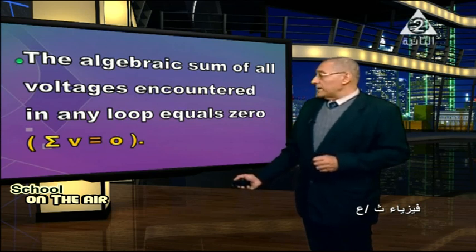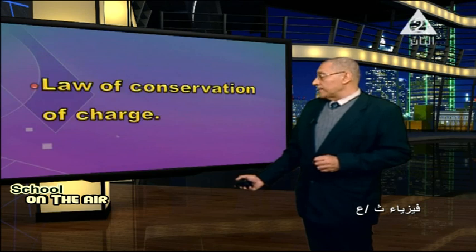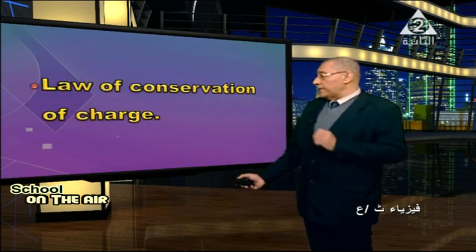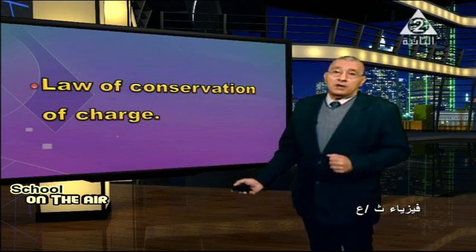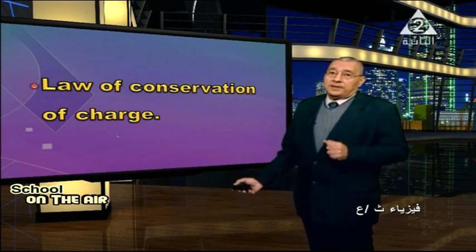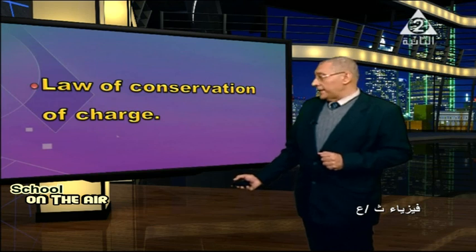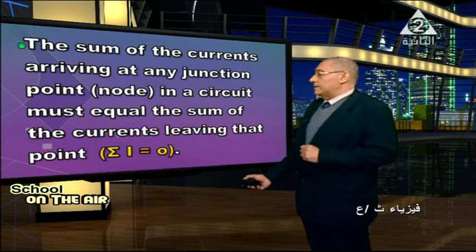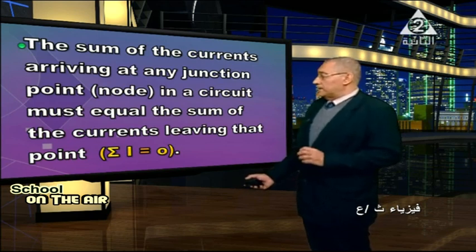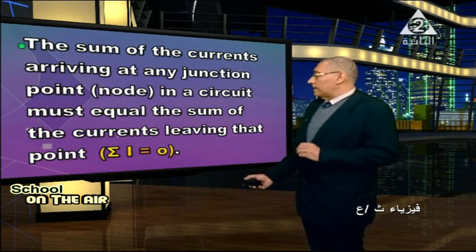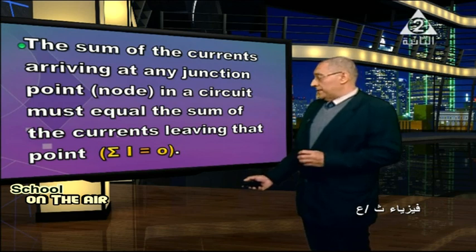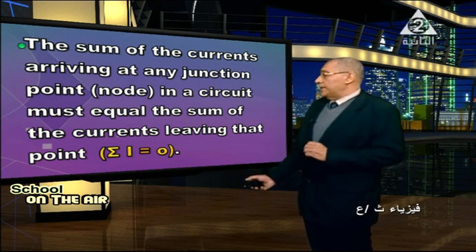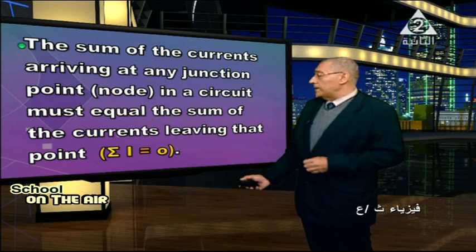What about the relation that expresses the law of conservation of charge? It is the first law. It says the sum of the currents arriving at any junction, any point, any node in a circuit must equal the sum of the currents leaving that point.